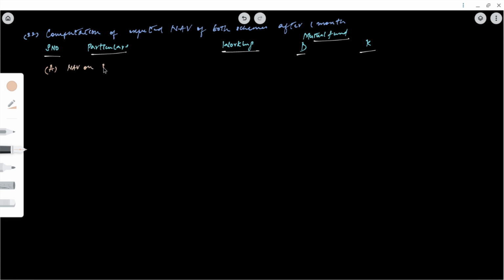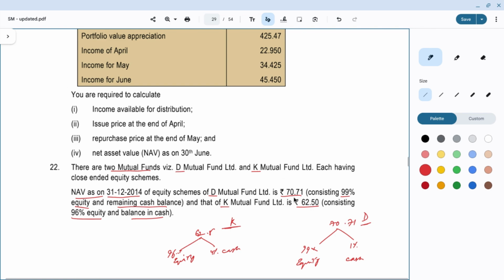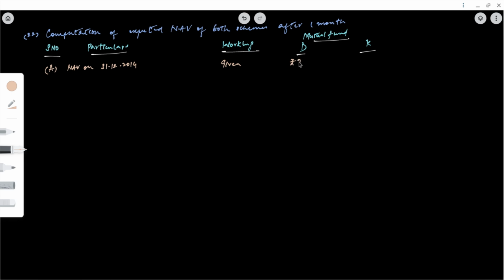NAV on 31/12/2014. This is given. What are the values? It is 70.71 and 62.5 rupees.